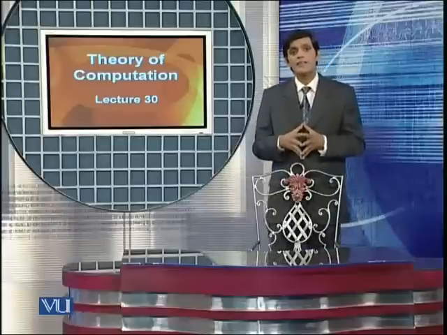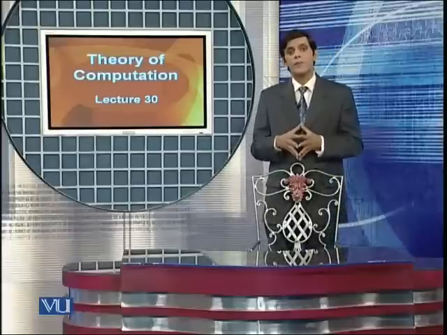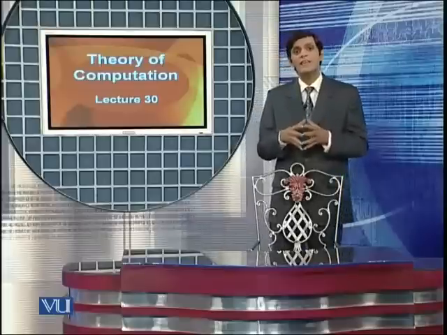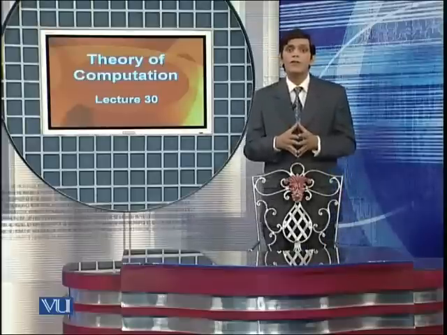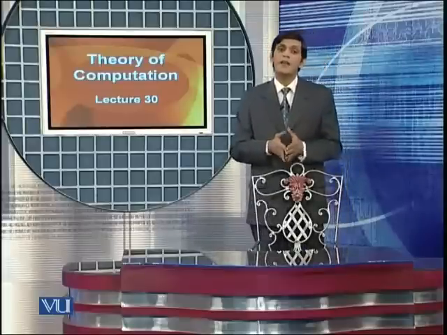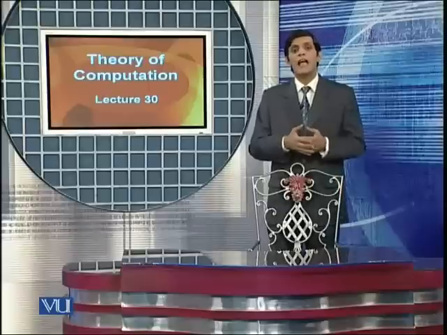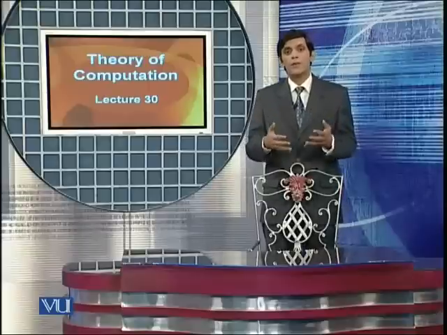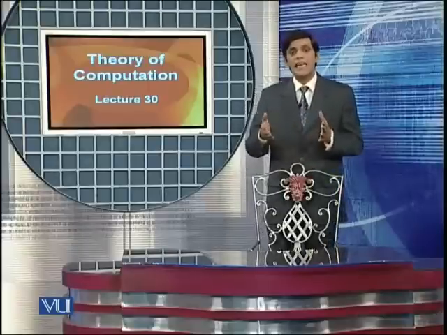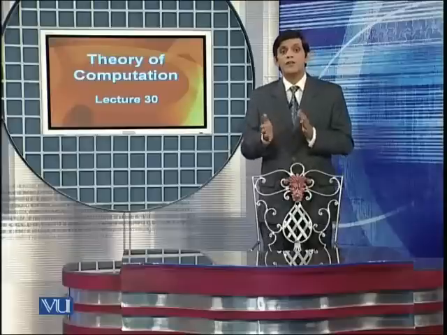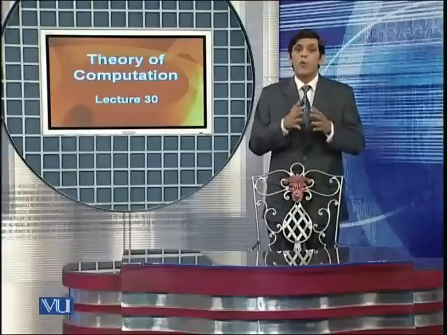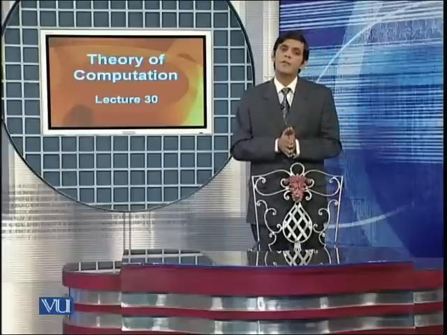Our next task is to look at this problem CLIQUE and show that CLIQUE is NP-complete. Once we show that CLIQUE is NP-complete, we would realize that we have actually 4 problems which are NP-complete, and each one of them can be transformed into the other via a polynomial time reducibility.